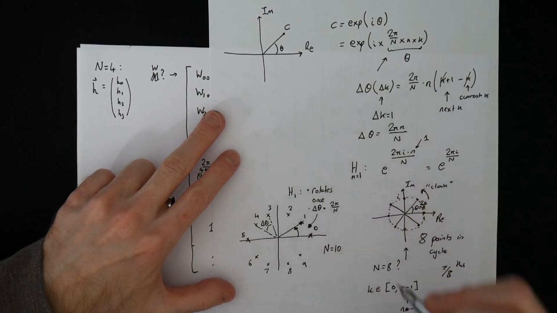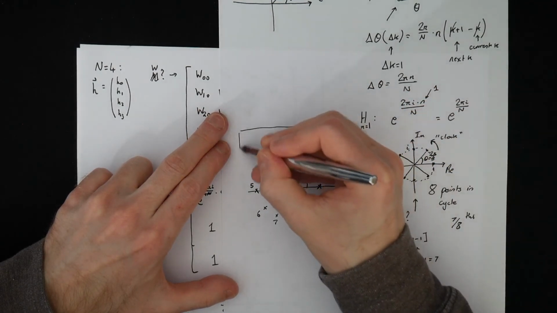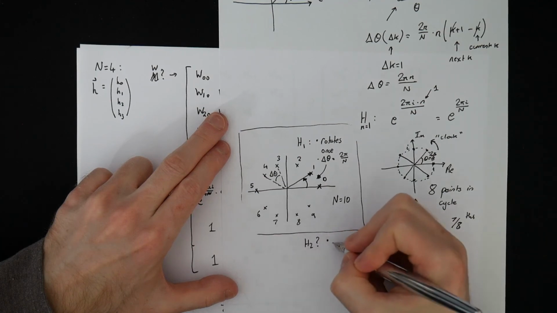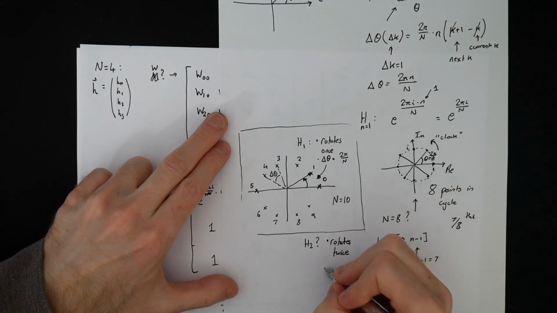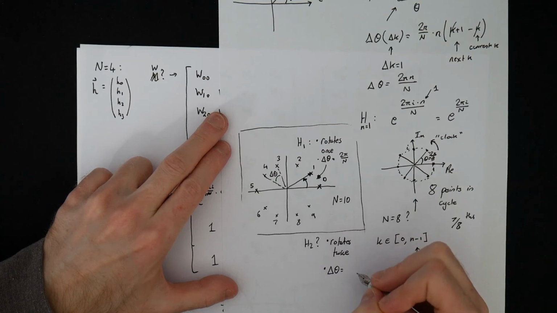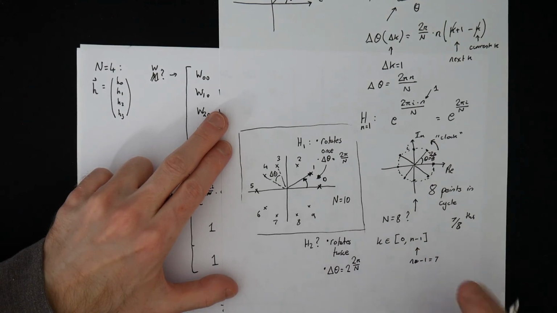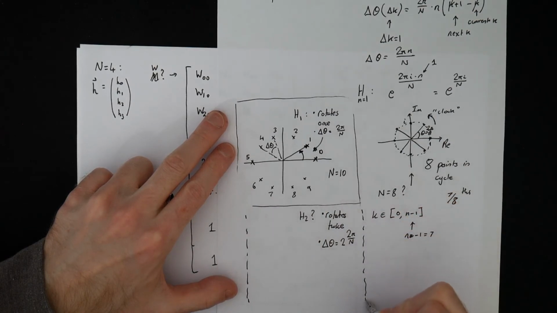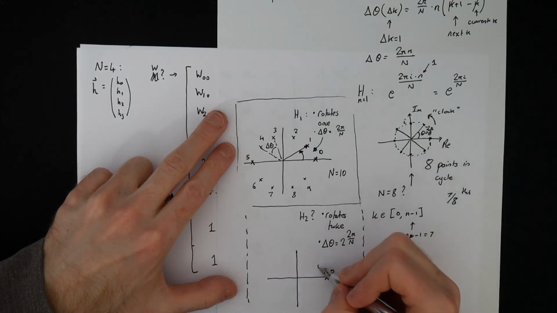Okay. And now, so this is h1. What about h2? Well, it rotates twice. And delta theta is 2 pi by n. So now we skip half of the points. So if I draw my circle again, we will visit point 0, but we will not visit point 1.